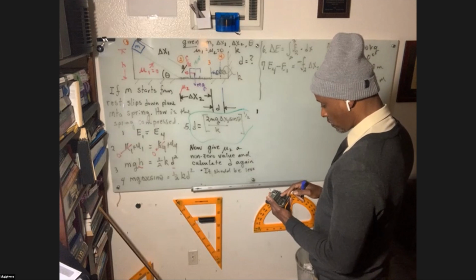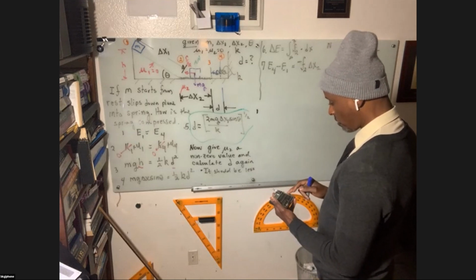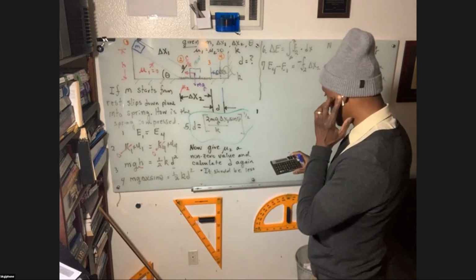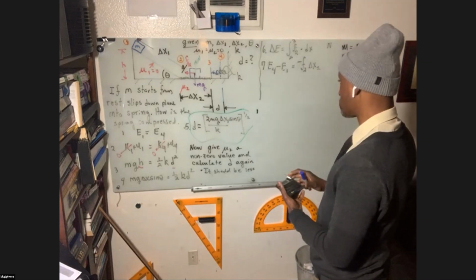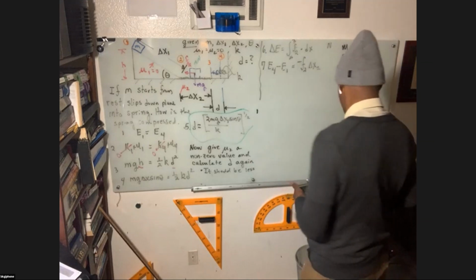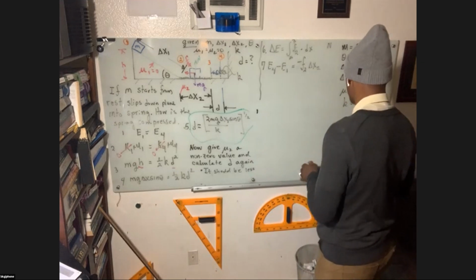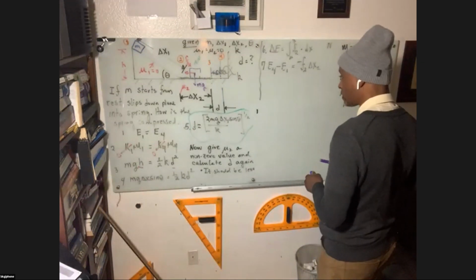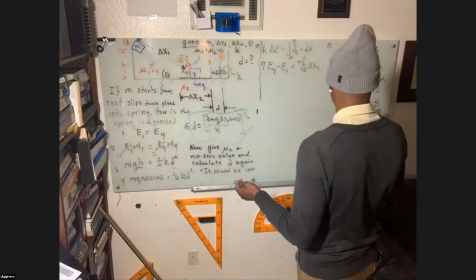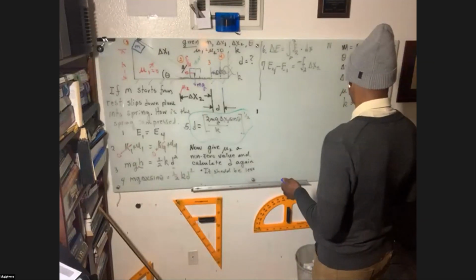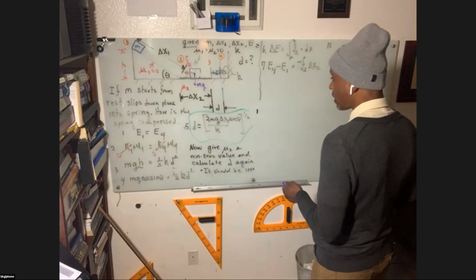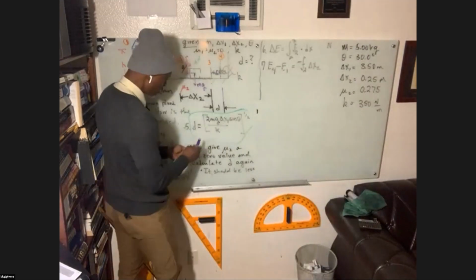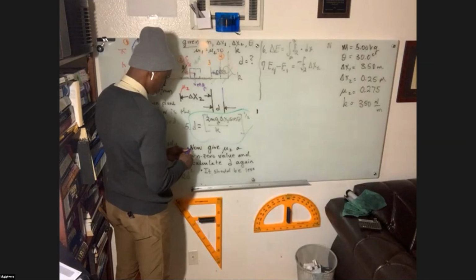Sine. And then k is 350. Okay, 350 divided by, and then take the square root. So it doesn't depress it that much. It depresses it 0.7 meters, so 7 centimeters. So that's reasonable. That's about what I would expect with the numbers I chose. So D is 0.7, that's in meters, because everything was in meters. So for the first problem, this is the solution.